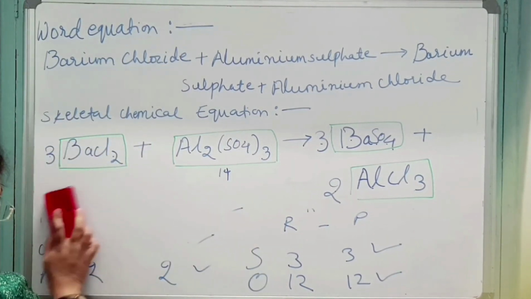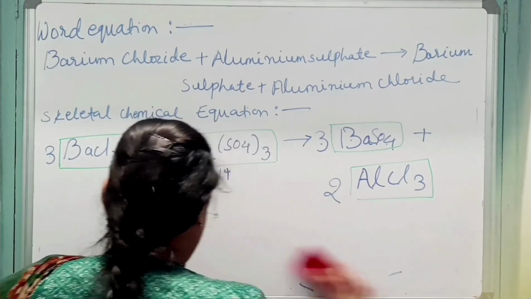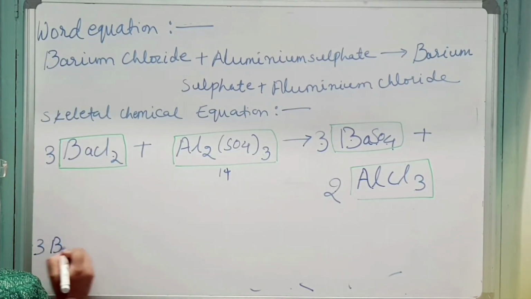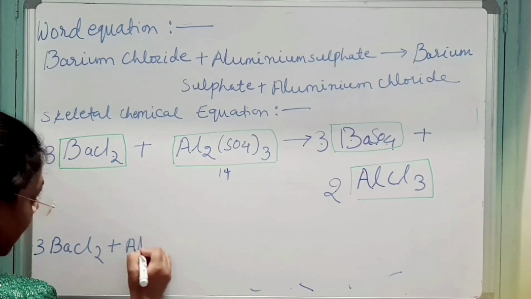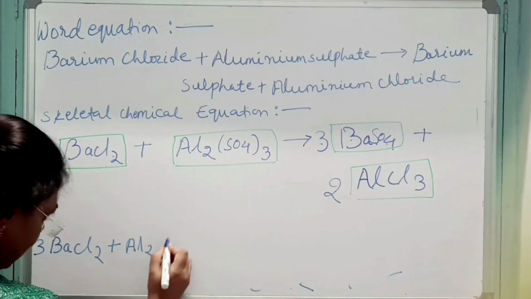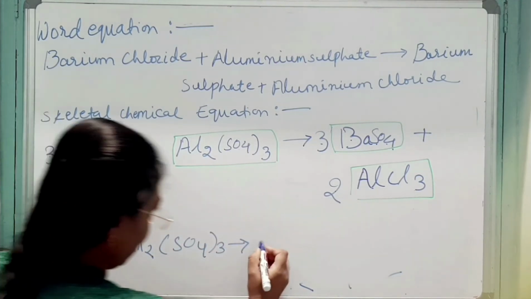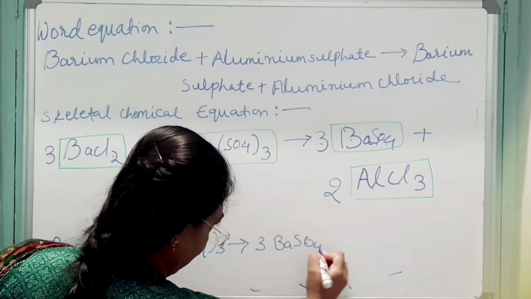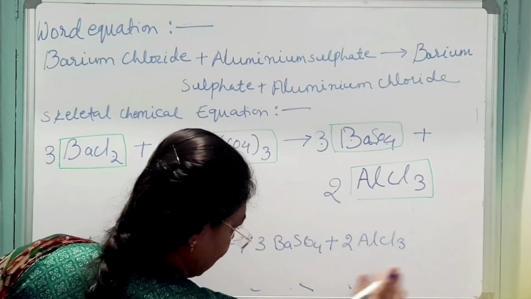So finally, how can you write this equation? Finally, you can write 3BaCl2 plus Al2(SO4)3 giving rise to 3BaSO4 plus 2AlCl3.